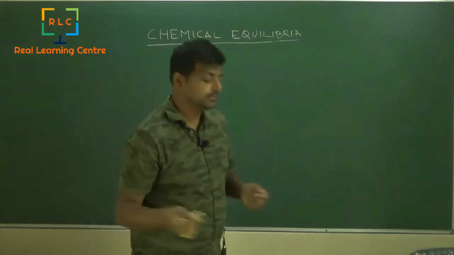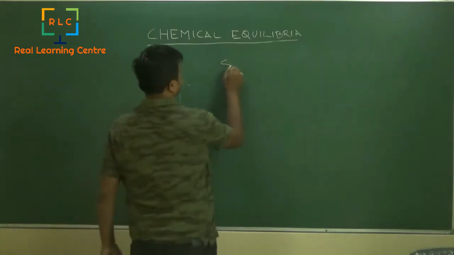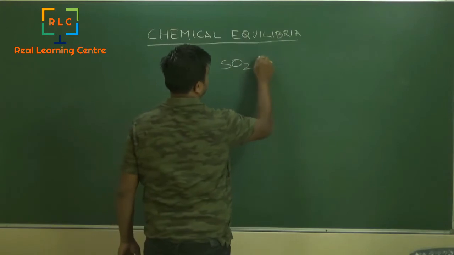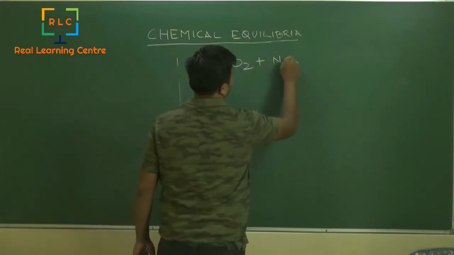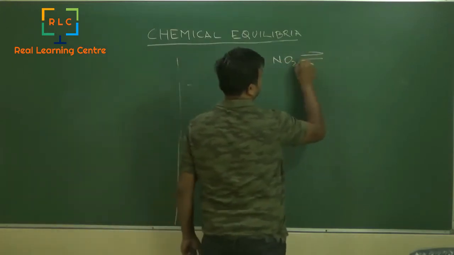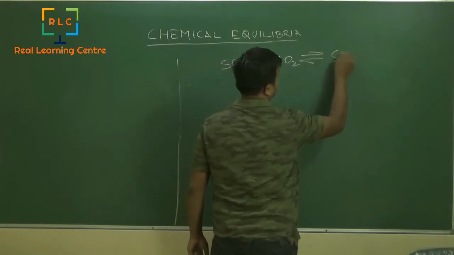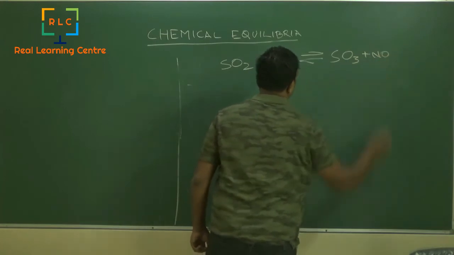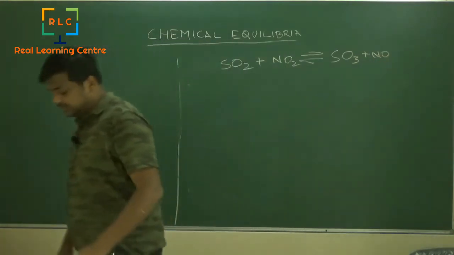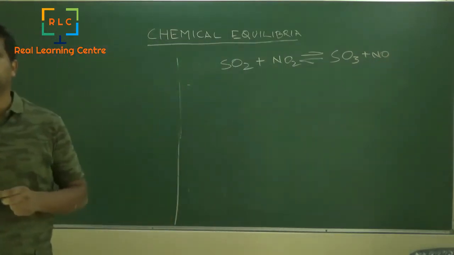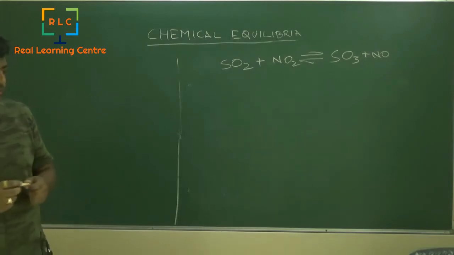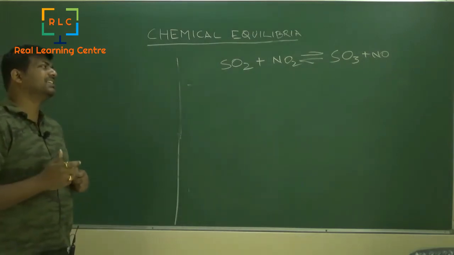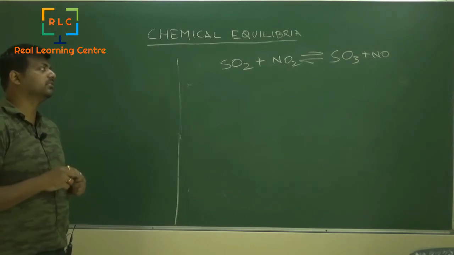Let's look at a question. Let's say this is my reaction, SO2 plus NO2 gives me SO3 plus NO. This is the reaction for which I have to figure out few things. Let's say the initial concentration of each of these gases is 1 liter, right?